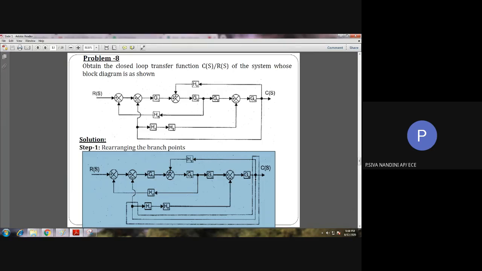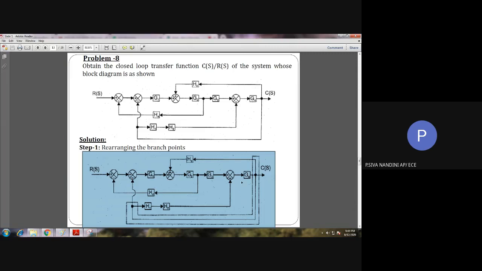See here, in step 1, this C of S is an output. This output is fed to the second summing point with a negative sign, as well as to G1, and C of S is fed to H1 and H2, and then it is fed to the last summing point with a negative sign.